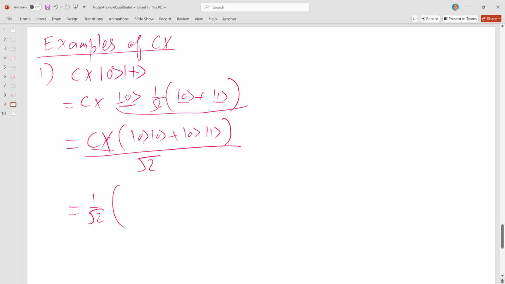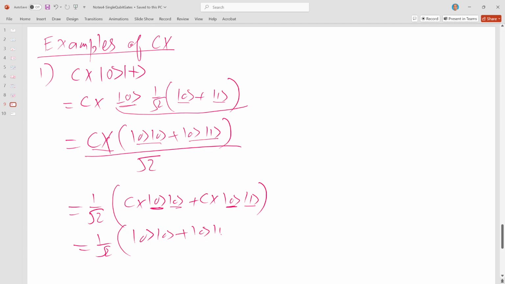So this control X will distribute on both terms. So control X 00 plus control X 01, and now we can see what will happen. This control qubit is in 0, nothing happens to this. Control qubit in 0, nothing happens to this. And I can take this 0 common on the left side again.